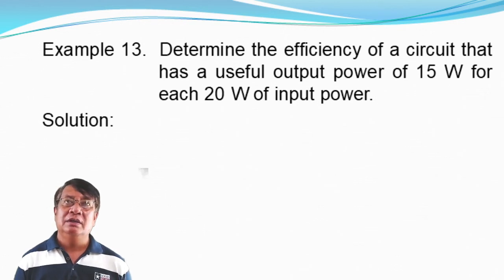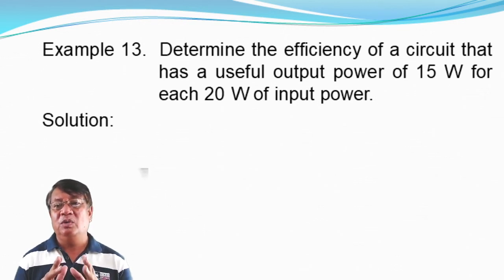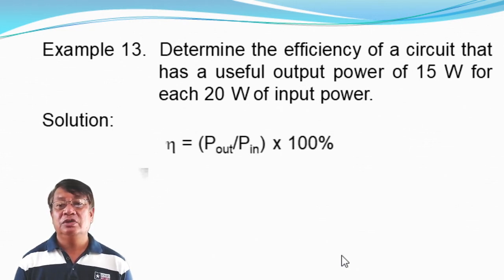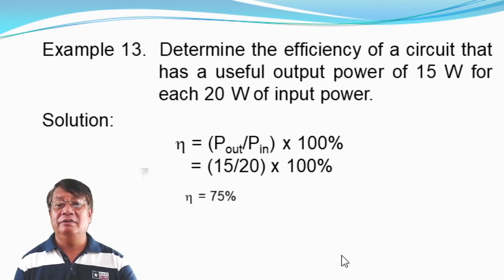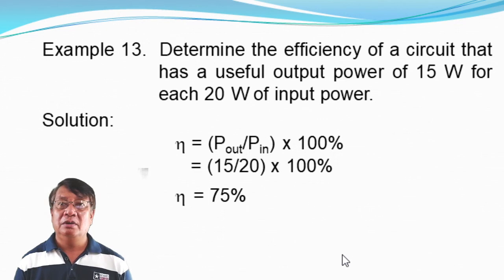So more or less there are 5 watts lost. So to solve for our efficiency, the power output is equal to 15 and the power input is equal to 20. Therefore, our efficiency is just equal to 75%. So in the conversion of power input to power output, you have only 75% converted energy or power.